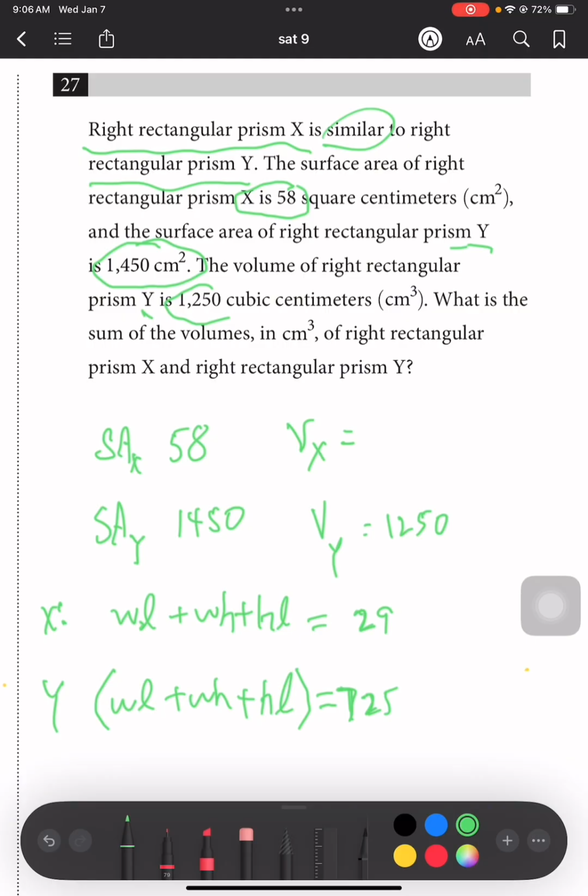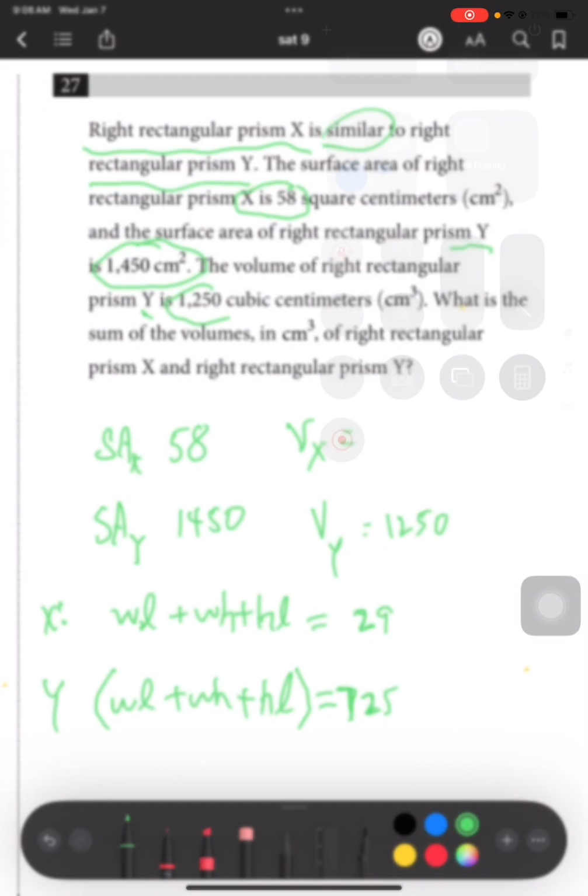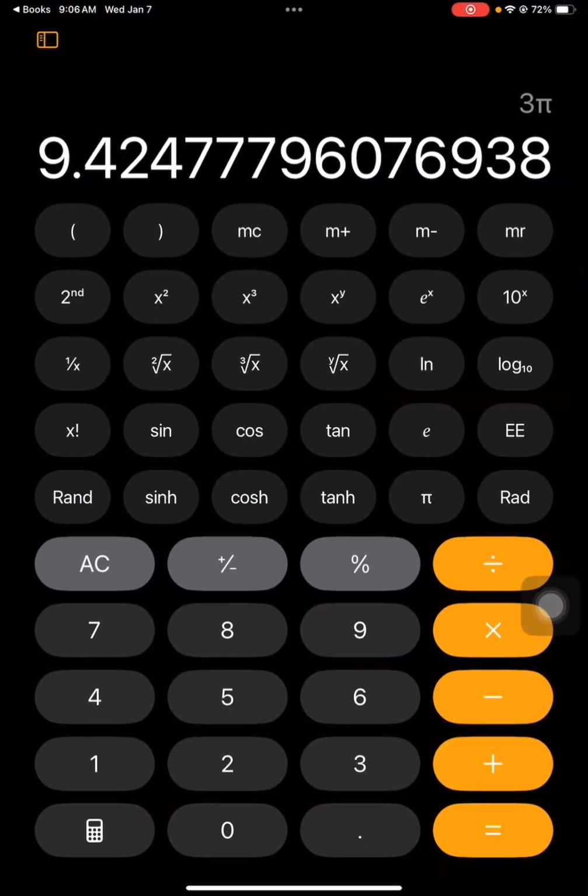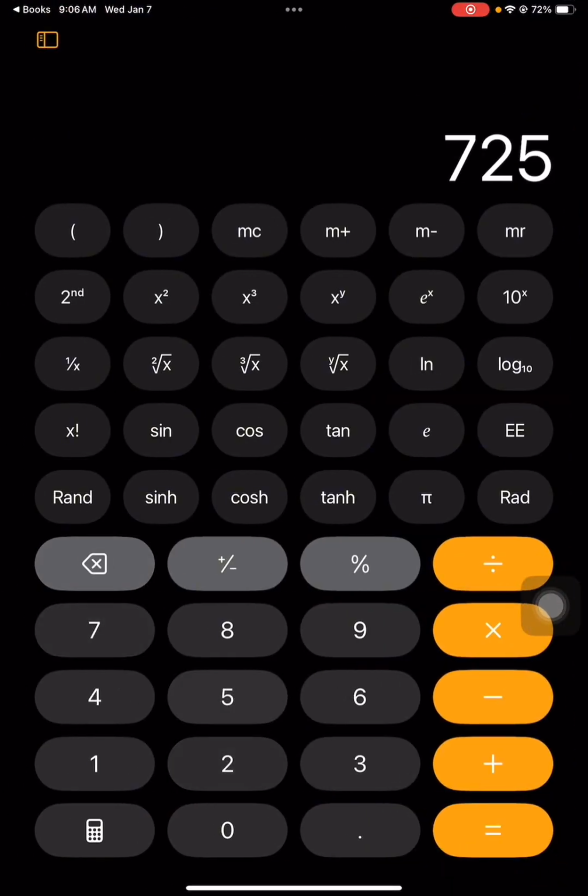So we need to take this and divide it to get the factors. What is 725 over 29? I'm going to bust out a calculator here. 725 divided by 29. Oh, that comes out nicely.